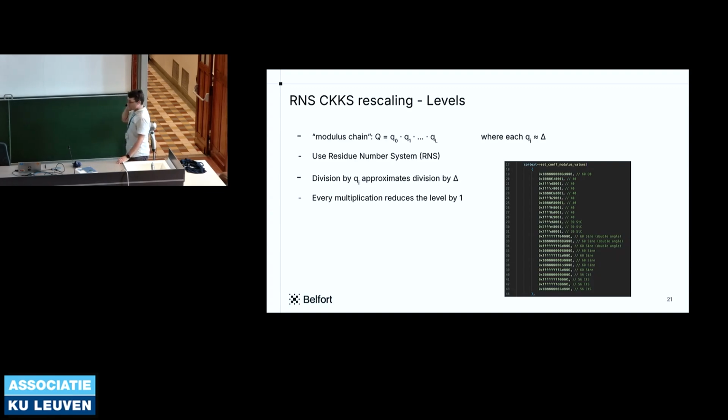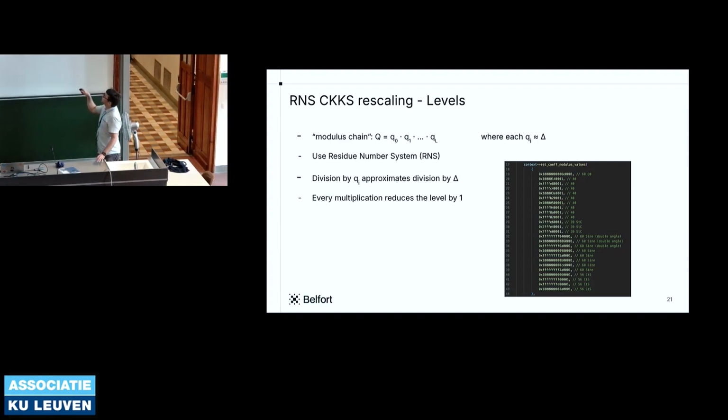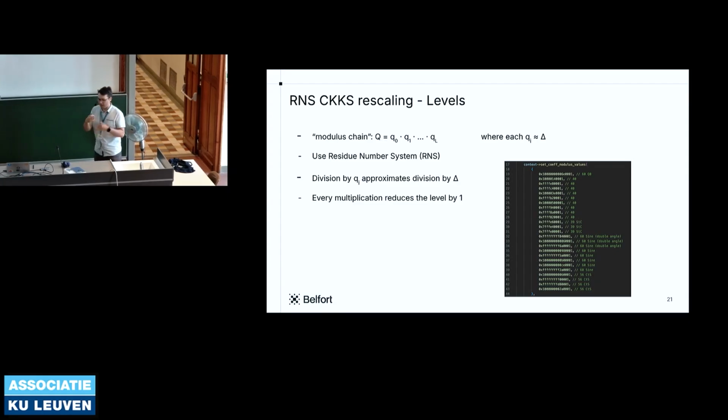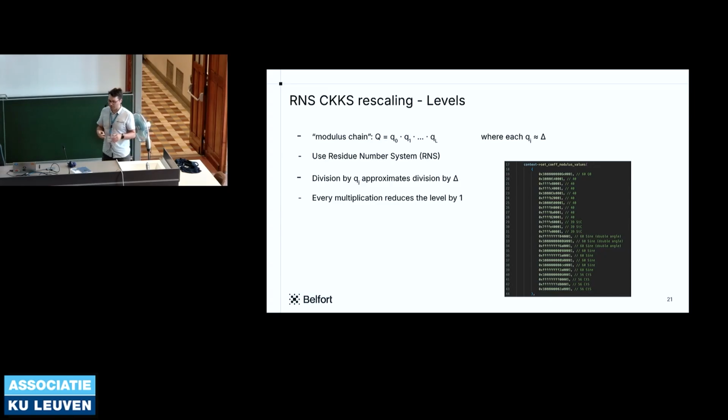I'm going to have what we call the modulus chain. So this capital Q is the modulus that I'm using. When I have my integer polynomial, I consider them integers mod capital Q, and it's a product of smaller primes, and I'm going to take each prime to be roughly 40 bits.